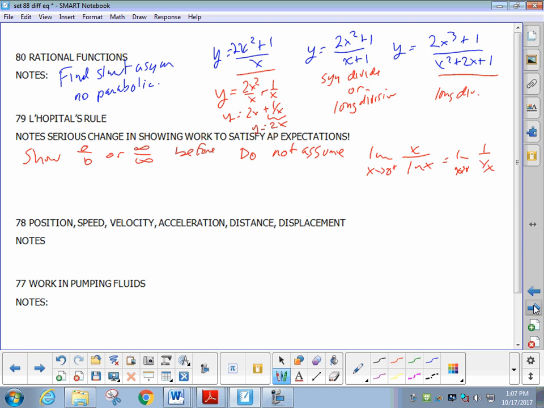Okay, what does x go to? Small positive. What does natural log x go to? Negative infinity, huge negative. That's not indeterminate. I know, small number divided by a huge number is 0, period. It's not indeterminate, okay?